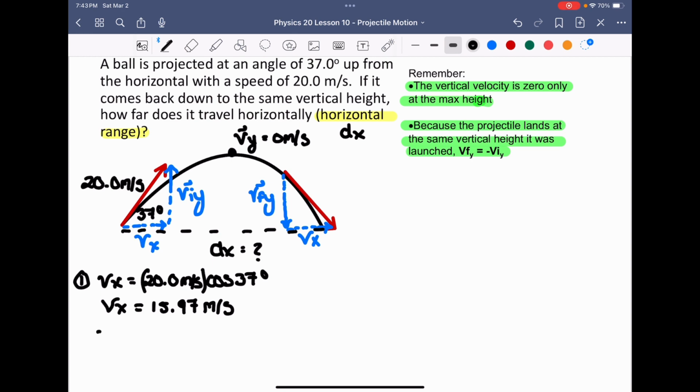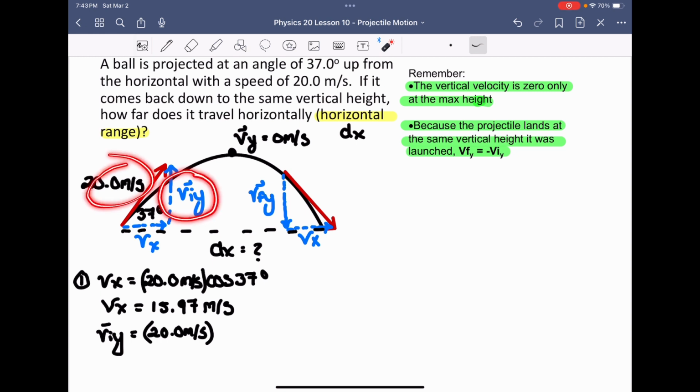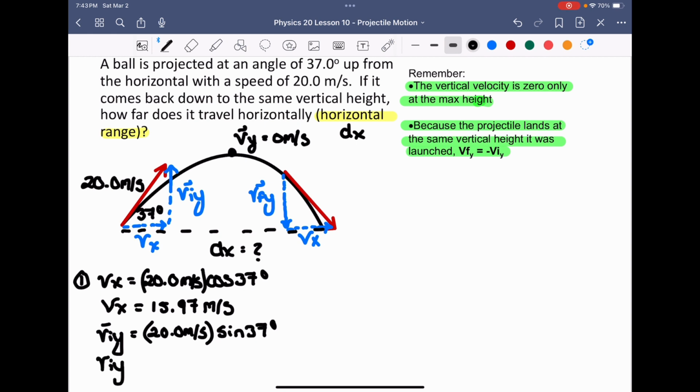Okay, now we want to get the y. Viy is equal to 20.0 meters per second. And because it's now the opposite over the hypotenuse, we're going to use the sine ratio, so sine 37. And that's kind of the nice thing about breaking into the components. When you break these things into their components, you're always using one ratio, and then whatever ratio you use first, the other one is just the opposite ratio.